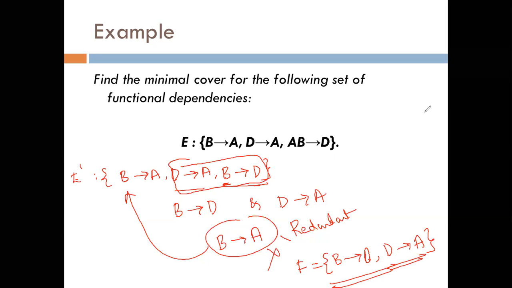So what are the steps that we followed? In the first step, check whether we have a single attribute on the right side. Then bring it to single attributes on the left side. Then apply the transitive rule wherever possible. So only two functional dependencies are left, and this F and E are equivalent.